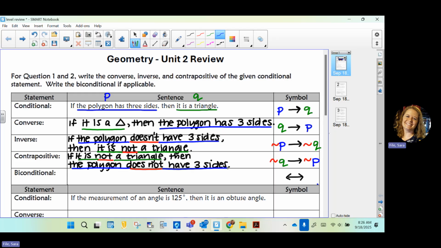All right, what about biconditional? Who remembers what a biconditional is? We keep the order, we start with P and we end with Q, but instead of it being an if-then statement like a normal conditional, it's an if and only if. So that shows up in the middle of the P and the Q. So we say P if and only if Q. So we're going to say P is the polygon has 3 sides.